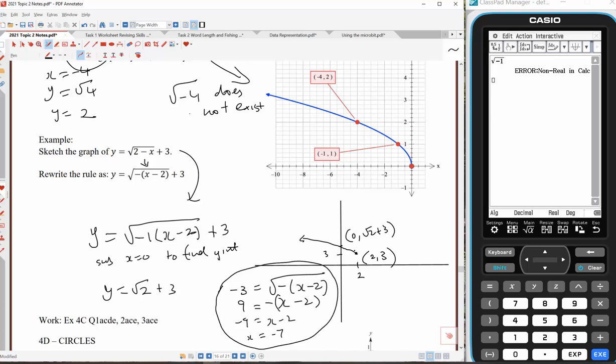But if this is our function, we can see that it's not going to work. And again, you can try it out by putting -7 in as a value. If I put -7 in, I get -9. -9 gets negated to be 9. The square root of 9 is 3. 3 plus 3 is equal to 6. So when x is equal to -7, the y value is 6 and not 0, as the algebra suggests.